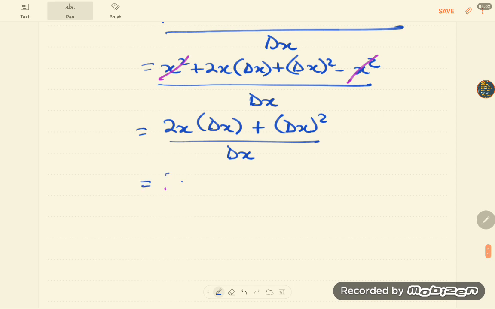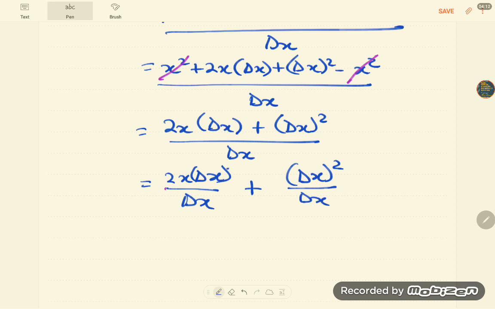And if we separate this, because we got a common denominator, then this can cancel out, leaving us with 2x plus delta x.